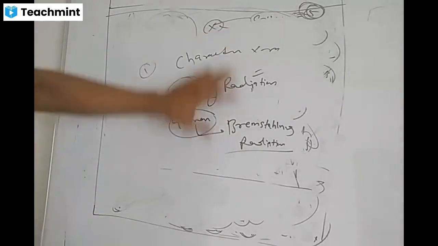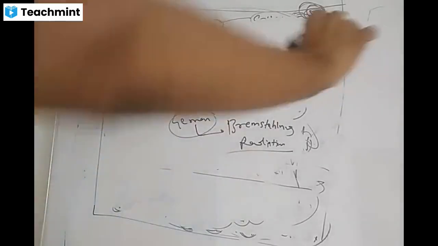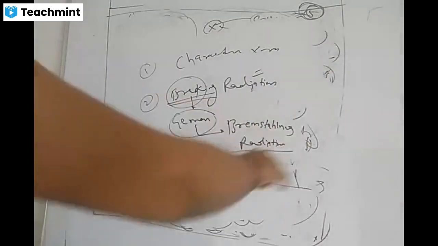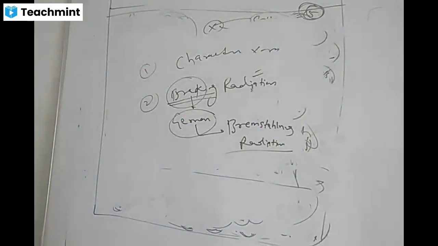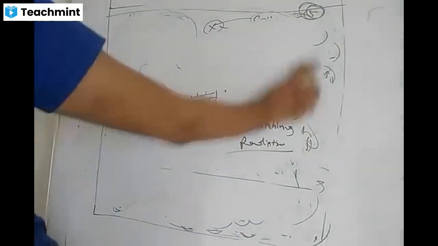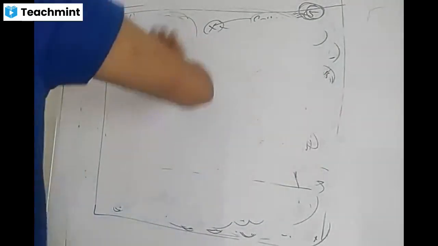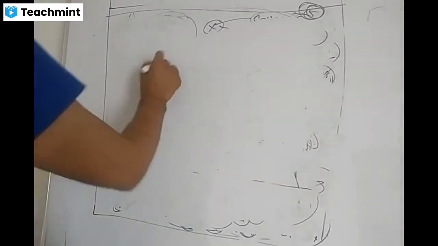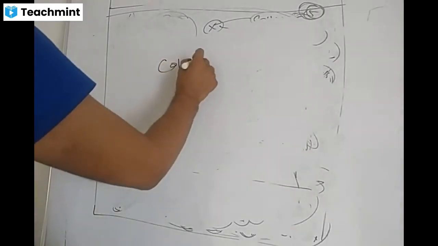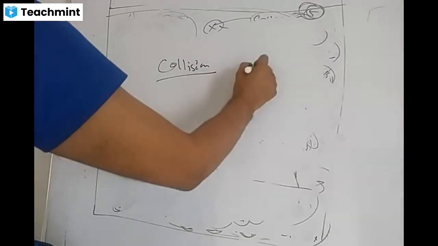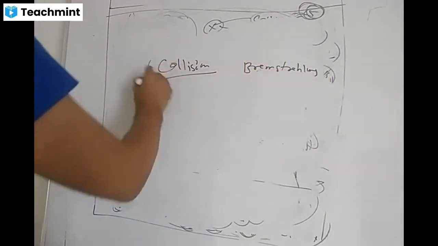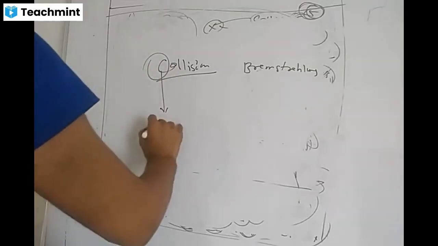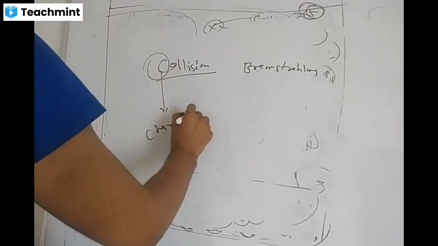Out of these two, which has broad spectrum energy X-rays? Bremsstrahlung. And which has characteristic, only one kind of energy? Your collisional. Then how to remember this? Collision, and Bremsstrahlung. This C will tell you collision gives characteristic X-ray.